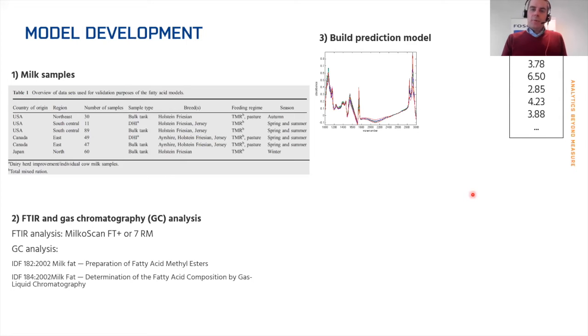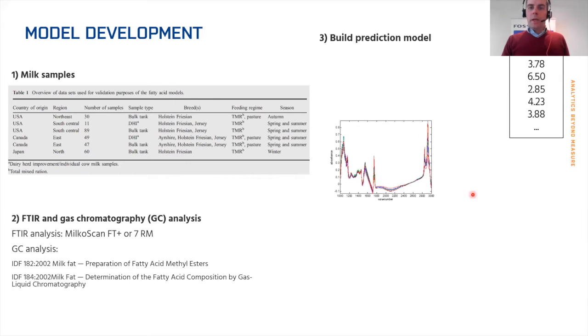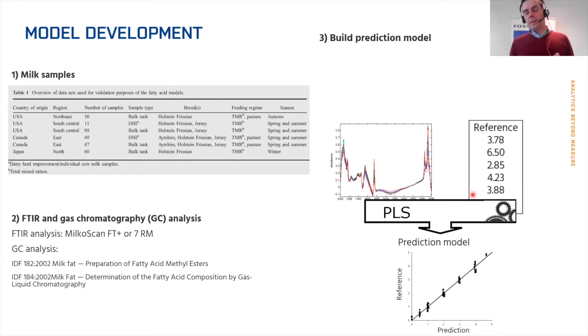The next step was then to basically put all the data together and associate the milk spectra with the reference values. And then we used a statistical program and a procedure called PLS, partial least squares, to develop the methods.